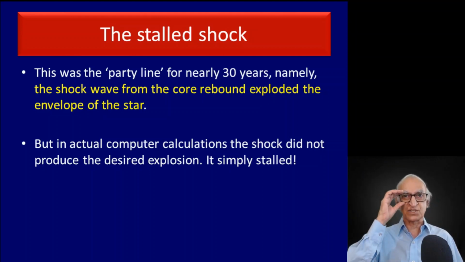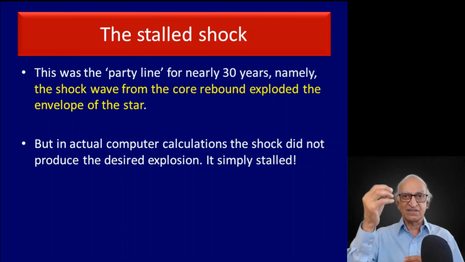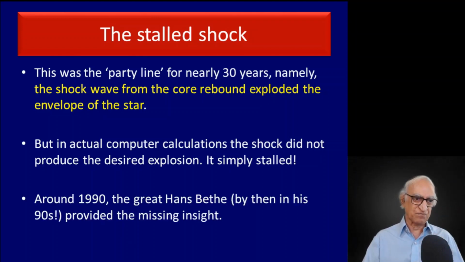There was no stellar explosion at all. What calculation showed is that the shock, yes, a shock is formed, but the shock simply stalls and there is no explosion. It's like a Diwali firecracker, the wick burns and then nothing happens. It is a dud. So something else was happening, because nature manages to explode massive stars.